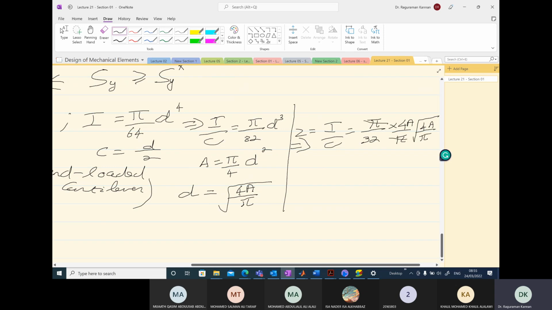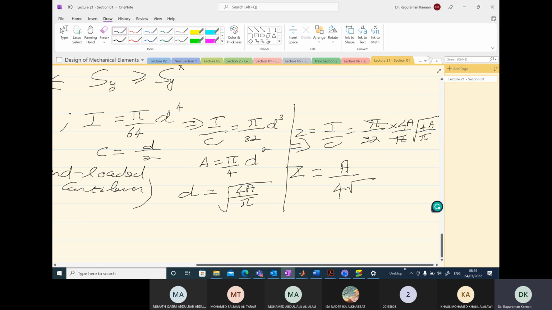We can cancel the pi's off, and your Z will become, here we have 4, inside the square root we have another 4. We can take the square root of 4 as 2. 2 times 4 is 8. 8 over 32 will become 1 over 4. So we have a over 4 outside.